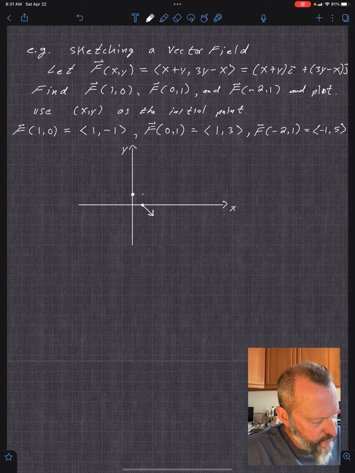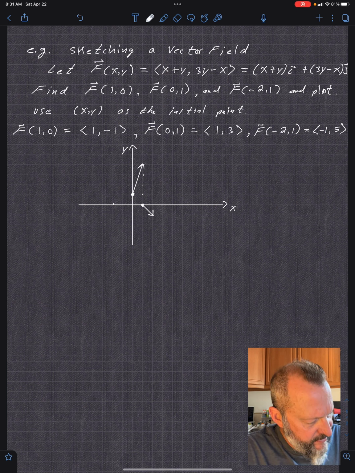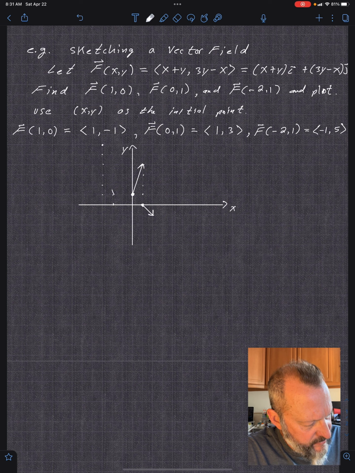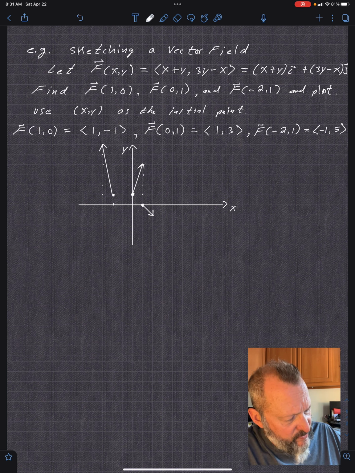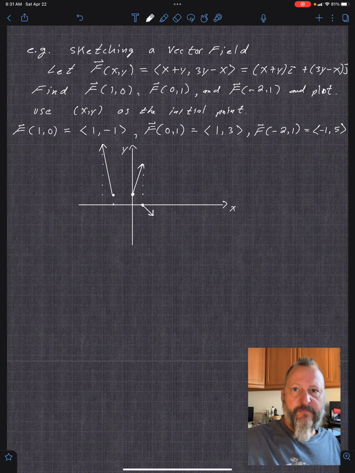So over 1, up 1, 2, 3. And then there's your vector. And you would just keep going like that, right? Negative 2, up 1. And then you go negative 1, up 1, 2, 3, 4, 5. And there's your vector. And you would just keep writing them like that. Okay, so that's the concept.